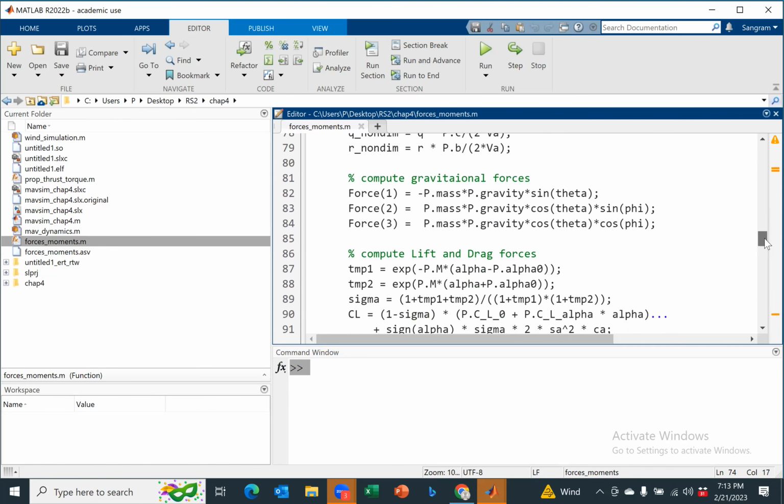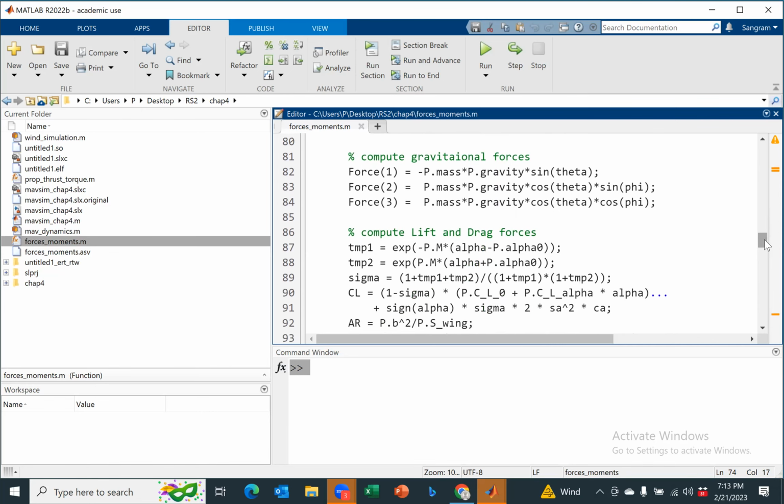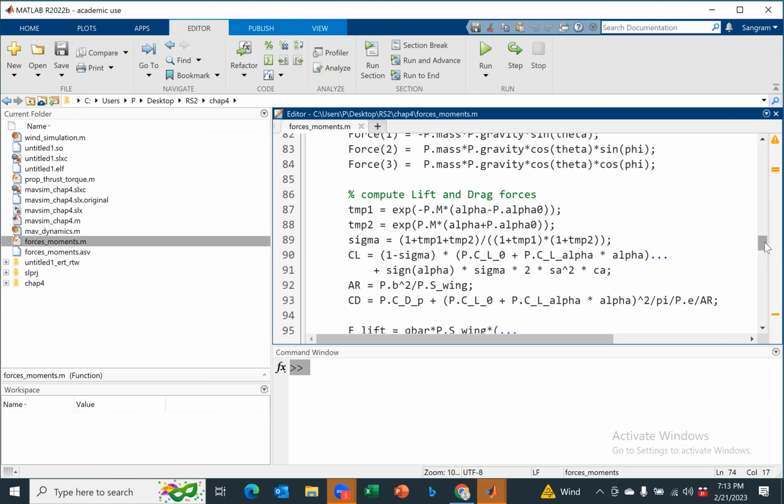And then you find the lift and drag forces. We can use a simple linear model to find out the lift and drag forces. And these are the exact same equations that are given in the textbook.